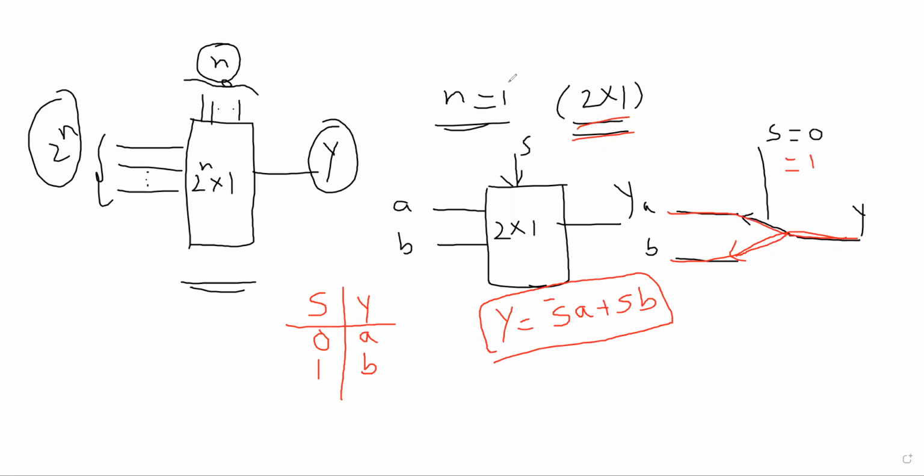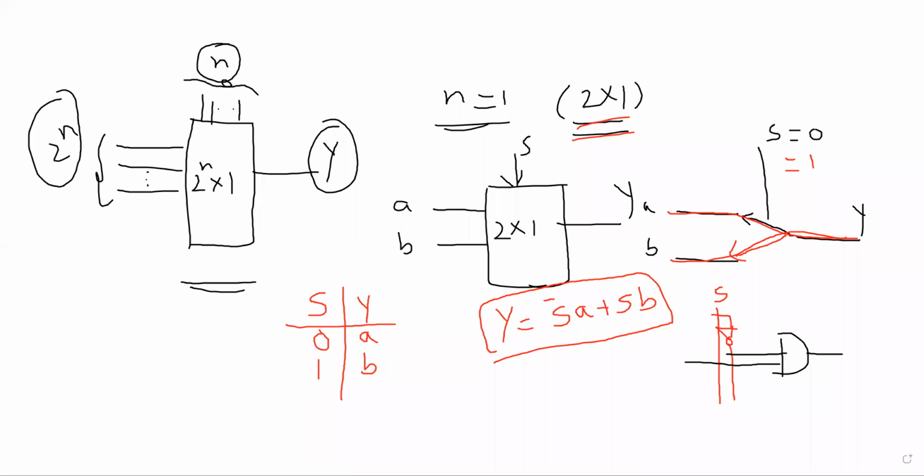Now if you want to realize the logic diagram, I require s and s complement here. If s is 0, A should be connected; a is selected.